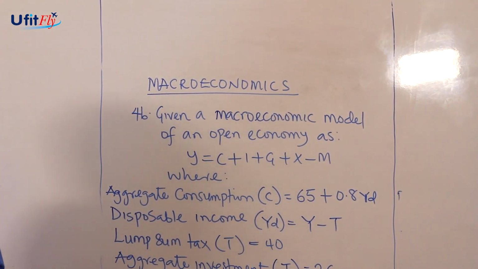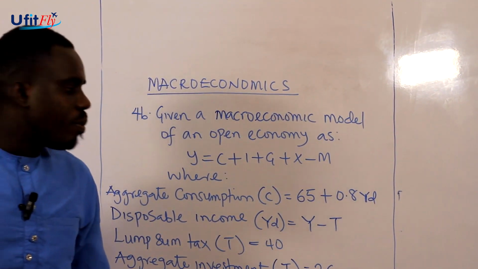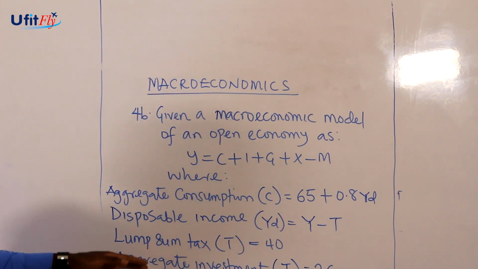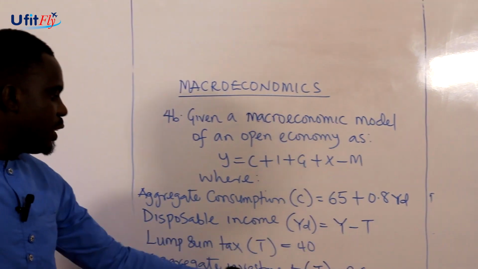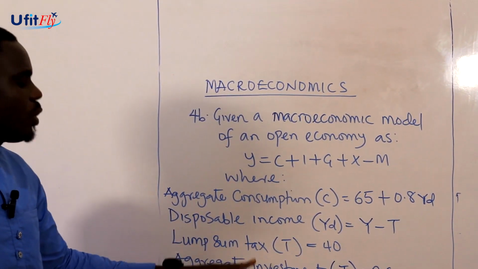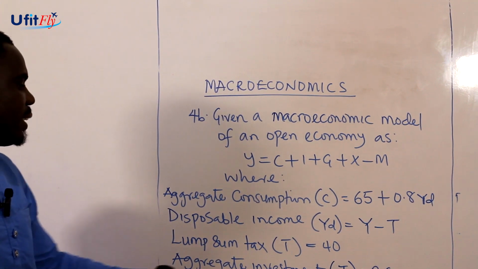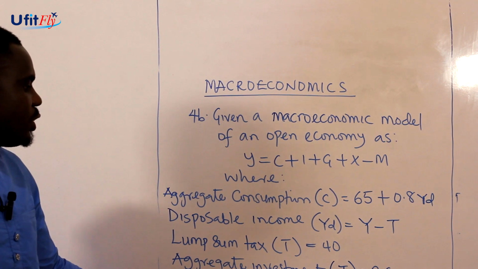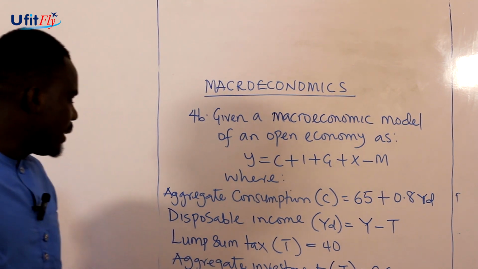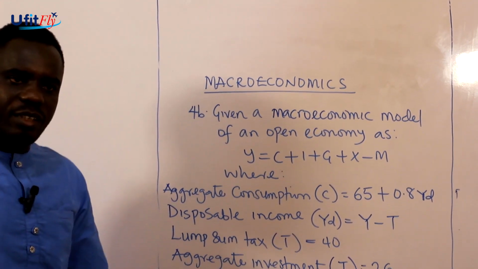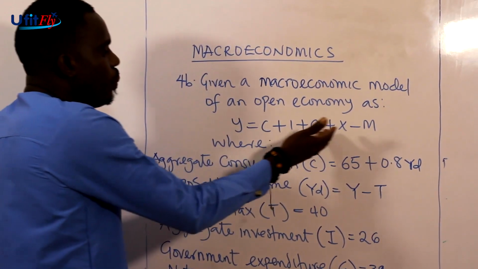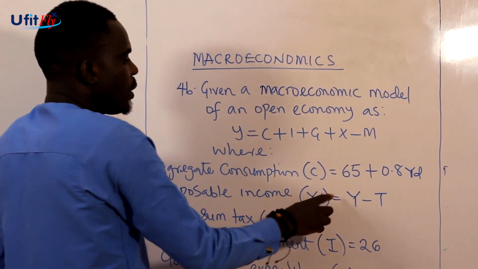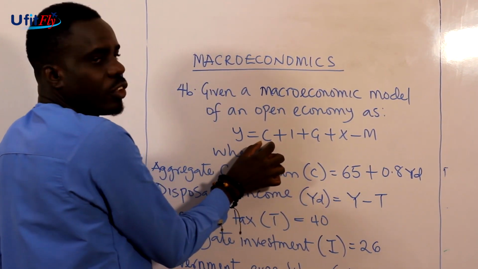That is, our disposable income is our total income minus tax. Also, it has been given that this tax is 40 and is a lump sum tax. The aggregate investment is 26. The government expenditure is 39. Net export is 15.